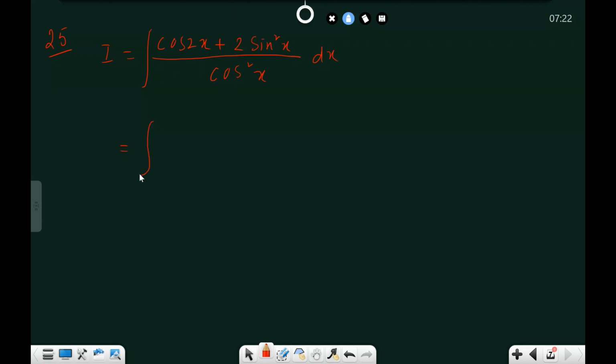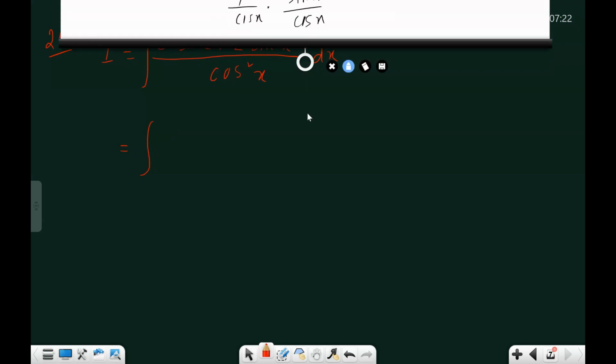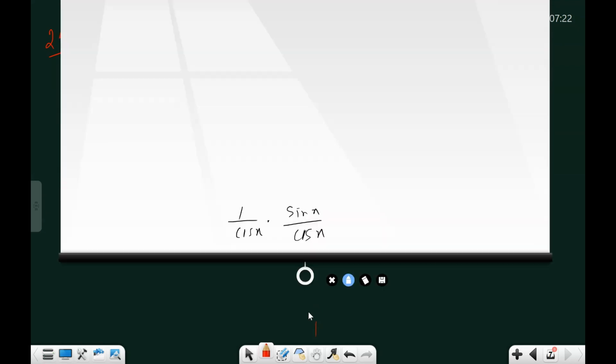You see, now I can express this cos 2x. Cos 2x has four different formulas. You see the formula here I am writing. The first one is cos square x minus sine square x.